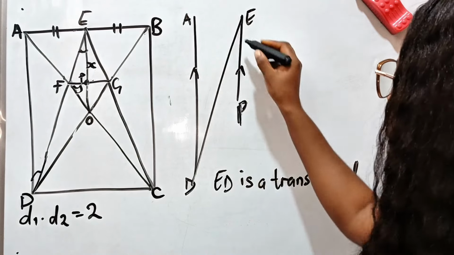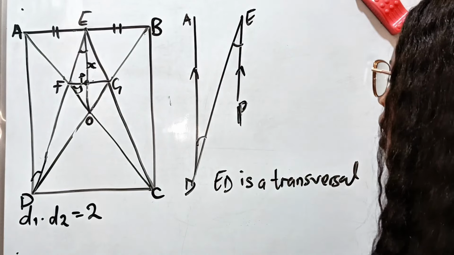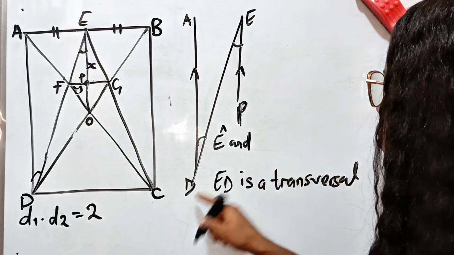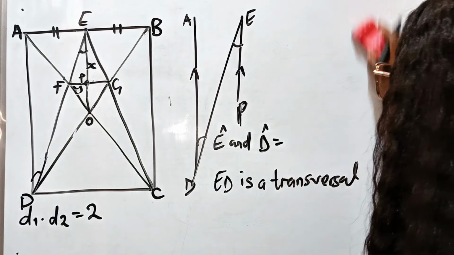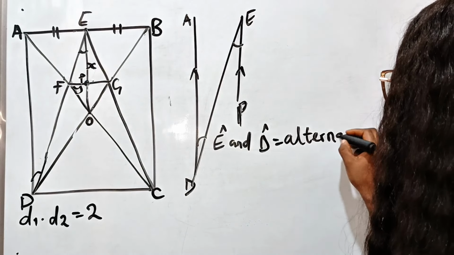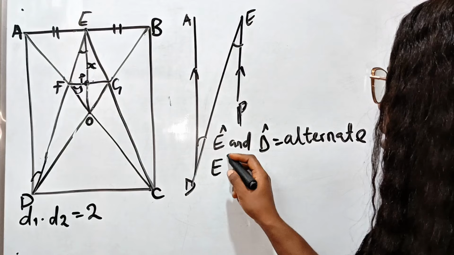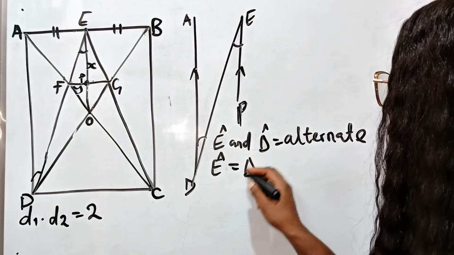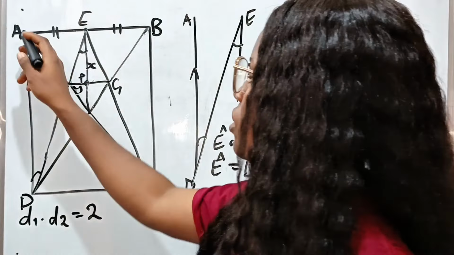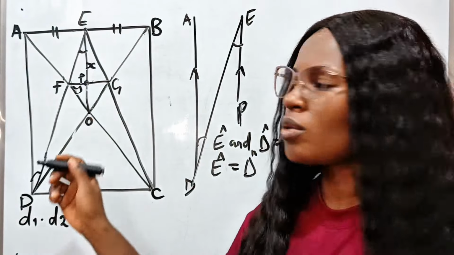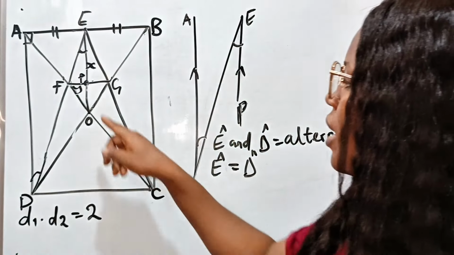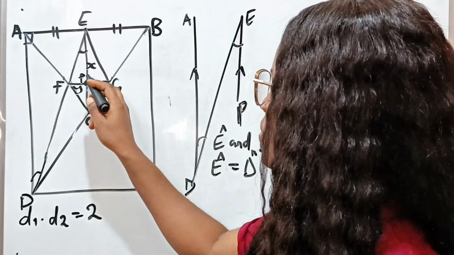So if ED is a transversal, this angle and this angle, angle E and angle D, they are alternate angles, right? Therefore, angle E is equal to angle D. So if that is the case, note that this is a rectangle, therefore this is a right angle, and you can also see that this place is a right angle as well.